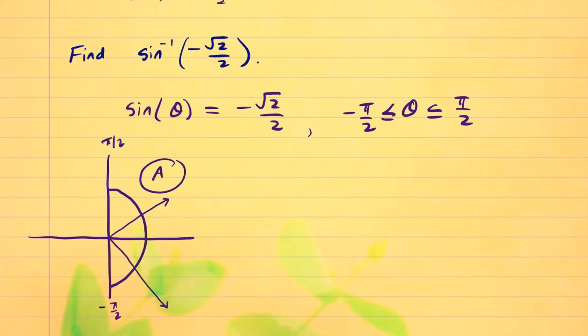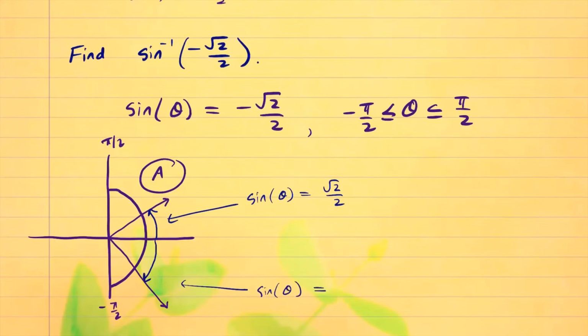That means if I know this direction, whatever that angle is, then in this direction, I just negate the angle. So let's go ahead and find this one right here. I want to know sine of what angle gives me square root of 2 over 2, because in this direction, I will get sine of that same angle to give me negative square root of 2 over 2.